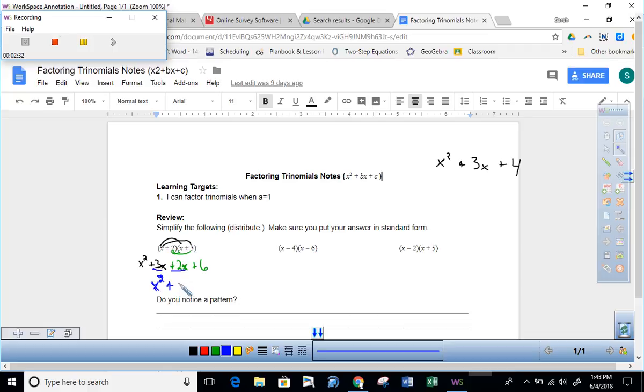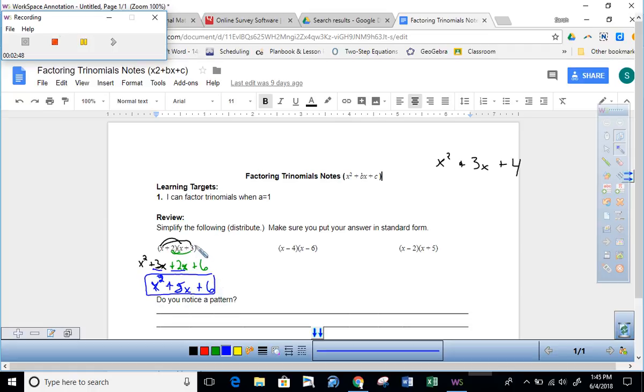I added those. And then that plus 6 is just hanging out by itself, so I'm just going to put plus 6. That, as horrible as the writing is, is my simplified polynomial.